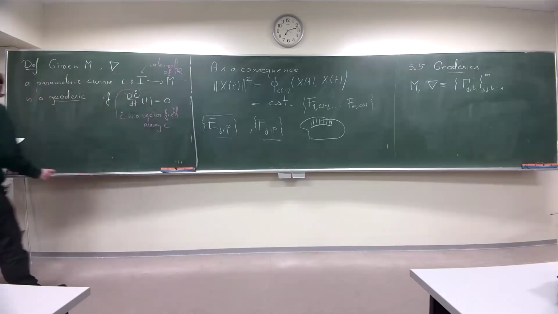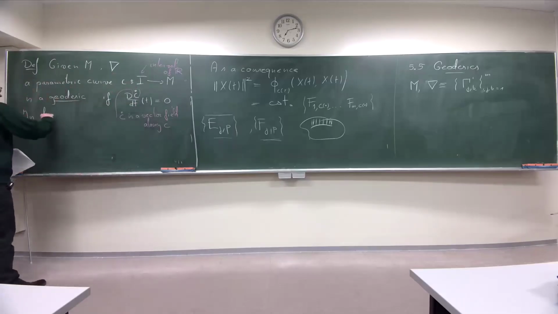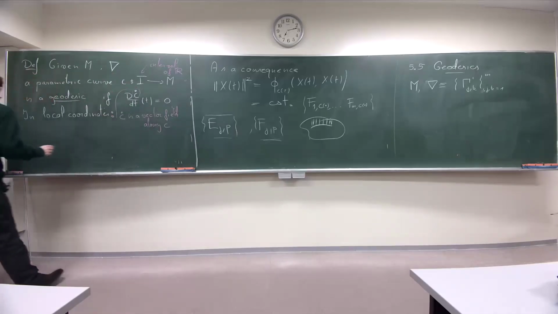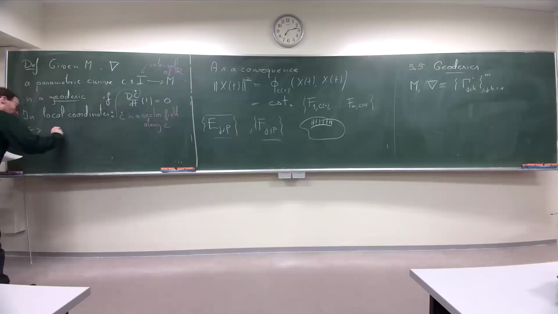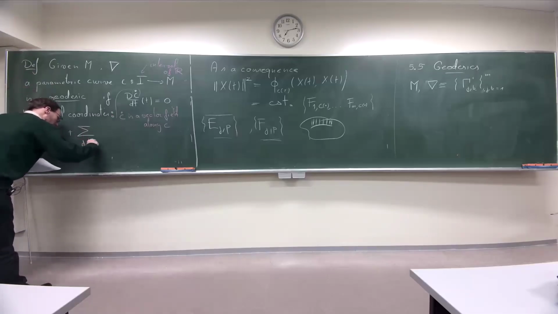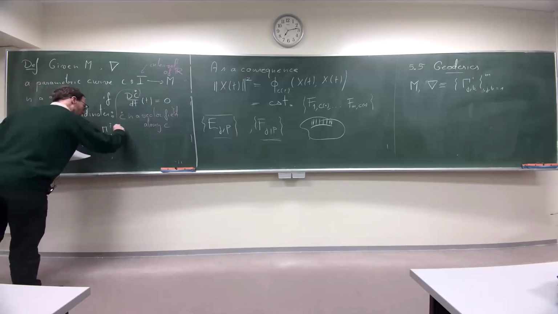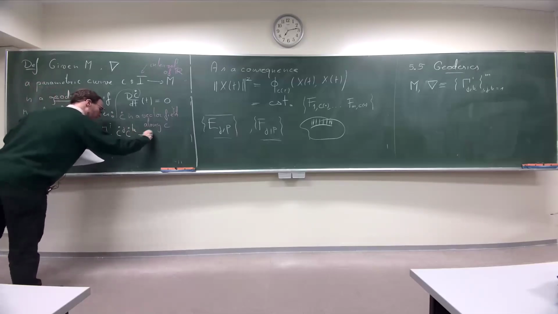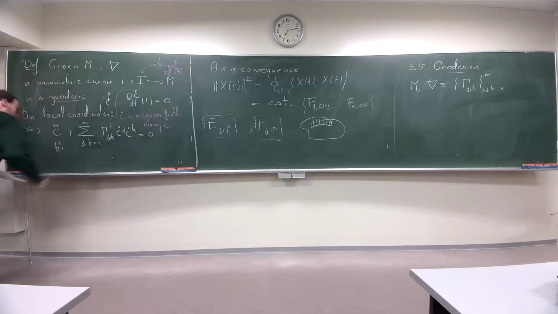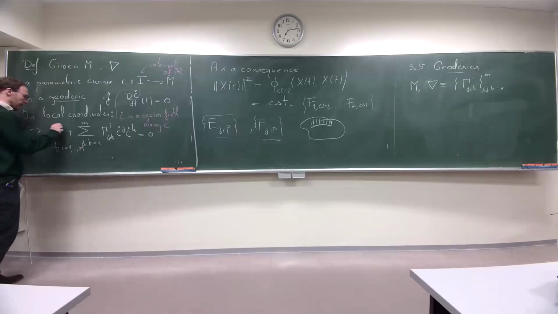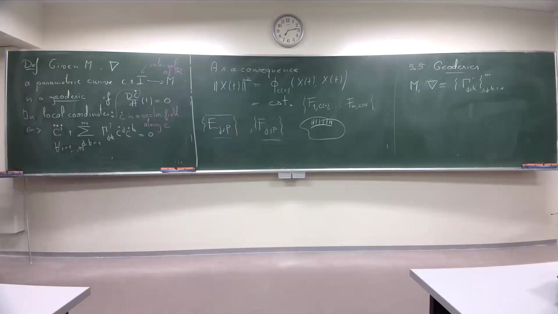Okay. And now I can write in local coordinates what it means. So when you have a chart in local coordinates, this is equivalent to, okay, in my notes, there is probably an i. Yes, there is an i. Where does it come from?